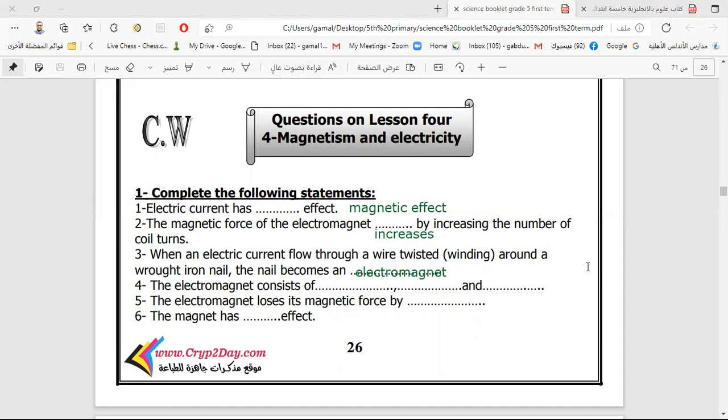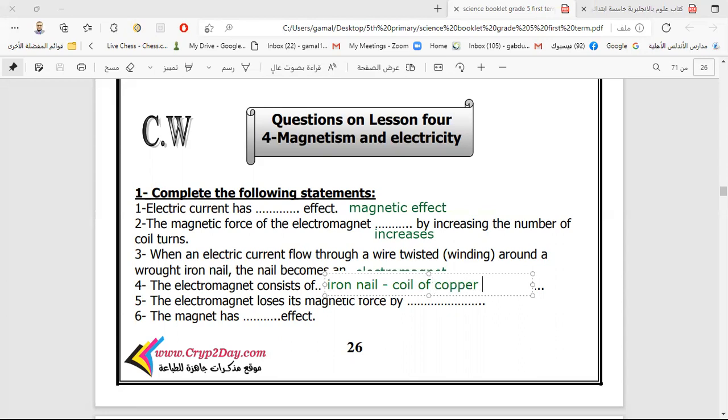So easy. Number four: the electromagnet is made of three main components. Number one, iron nail. Very good. Number two, a coil of copper wire.